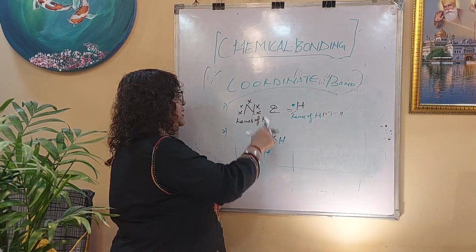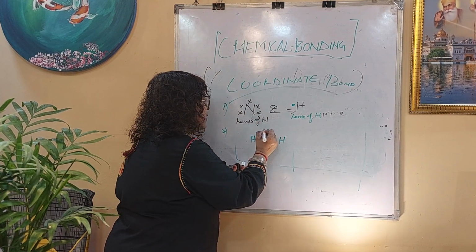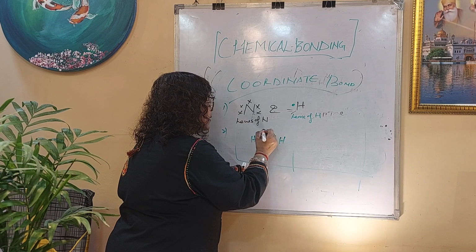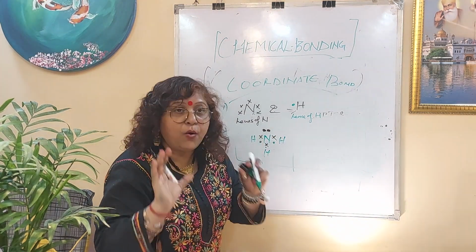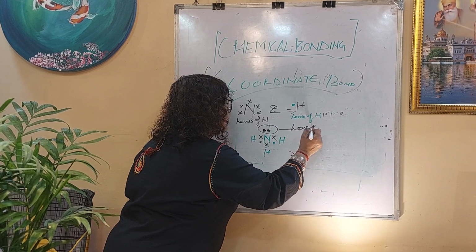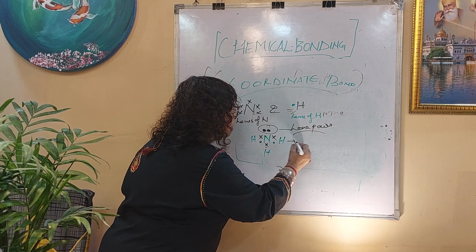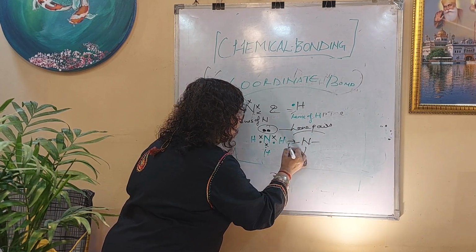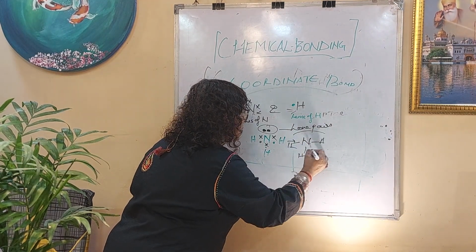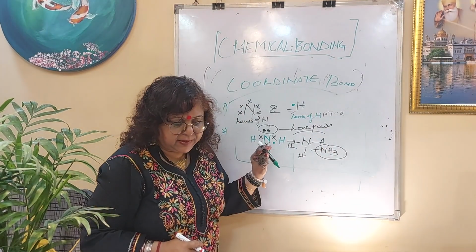But still you will see two electrons remaining as lone pairs. These two will be called lone pairs. And this is NH3, ammonia.